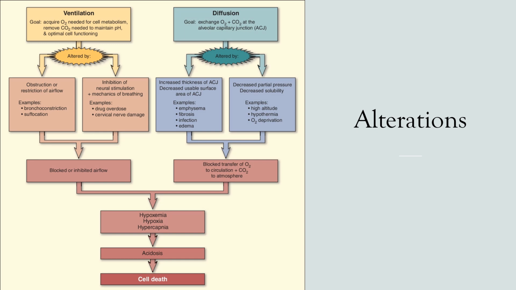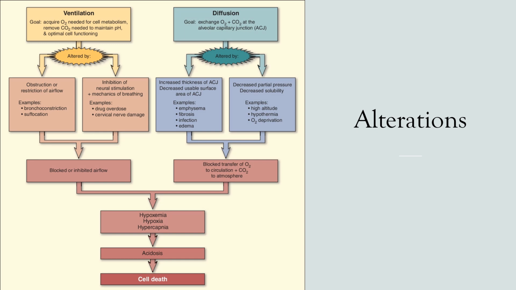And then on the diffusion end, that's where we're doing the gas exchange at that ACJ. You can have different conditions which impair that ACJ. You could have thickness of that cell barrier with conditions like emphysema or fibrosis. You could have pulmonary edema or infections. And then you could also experience decreased partial pressure of oxygen.